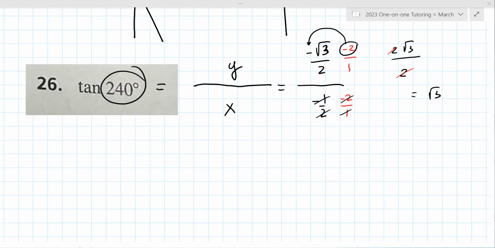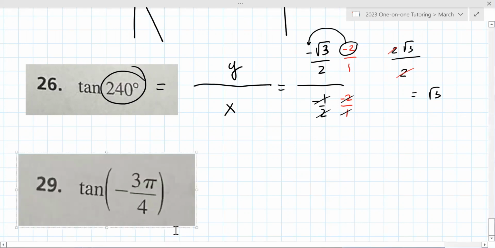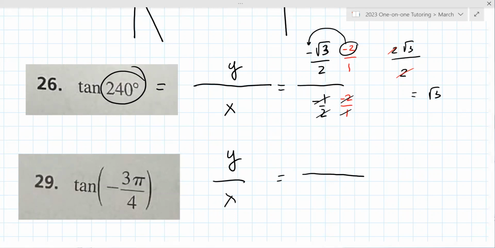No, I don't think so. Okay. So 29, tangent. Just like the previous problem, you've got to get a y and you've got to get an x value. So I'll take them in either order, but just tell me which one it is. Go to -3π/4, or if you like you've been doing, go to 3π/4 and drop up or down depending on which one it is.